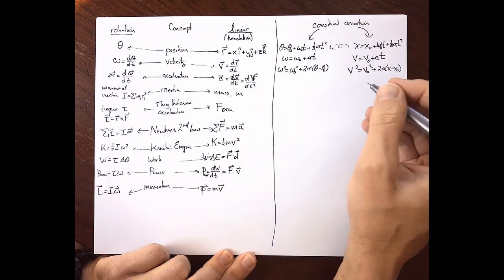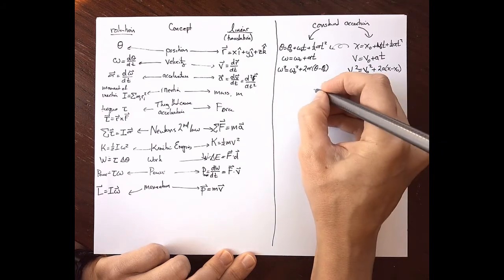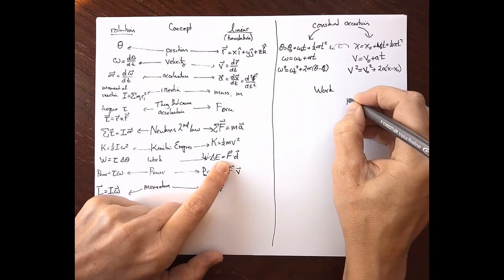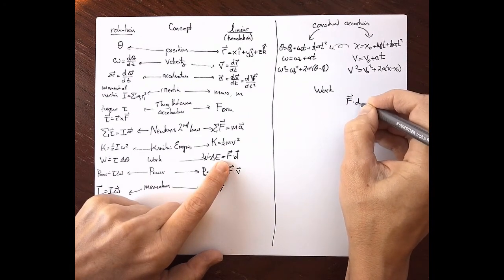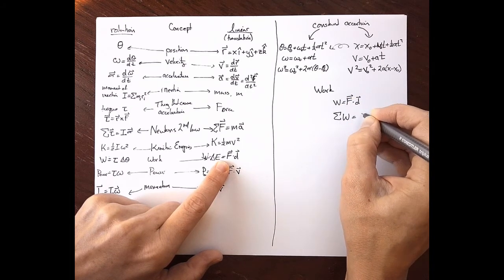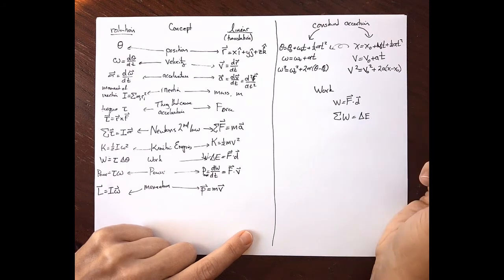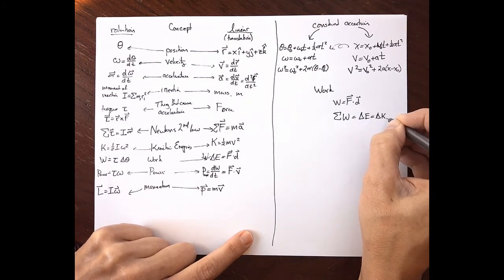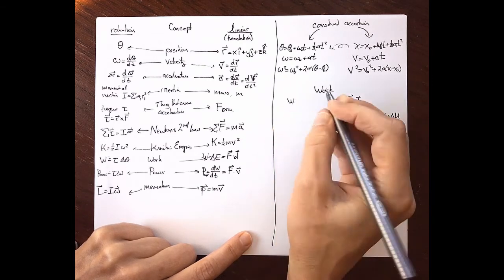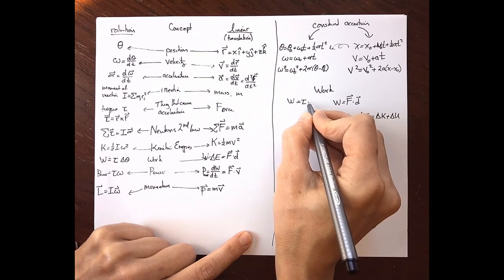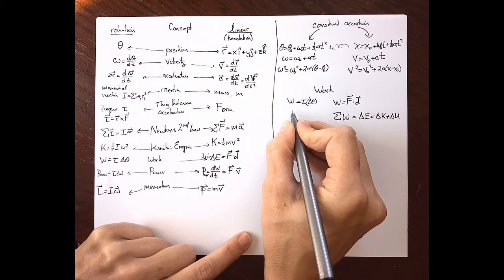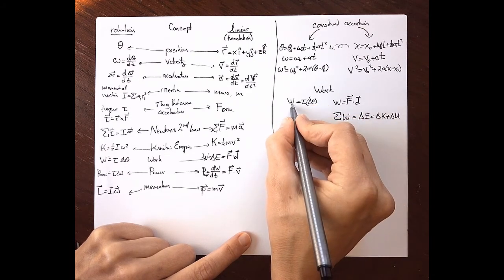And you can also do things like looking at work. So if over here you find all the different works and you sum them up to get the total work, you can set it equal to the change in energy, which is the change in the kinetic energy plus the change in the potential energy. And then over here you can look at the works that are done rotationally, the torque times the change in displacement. And when you add up, well, we actually just don't even have to do anything special.